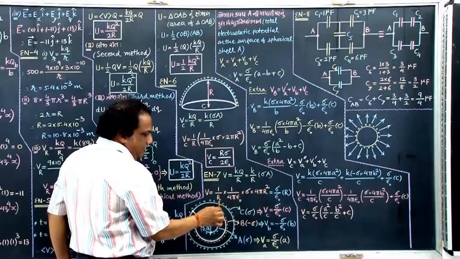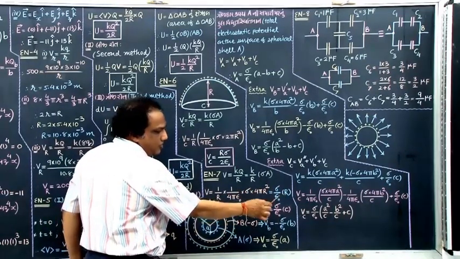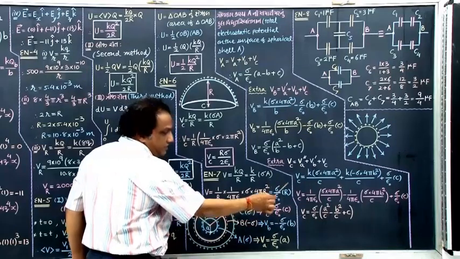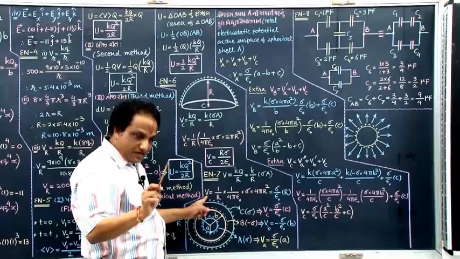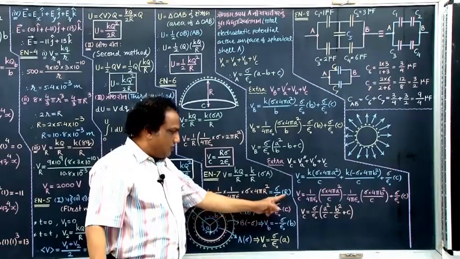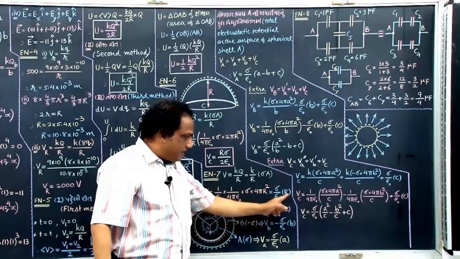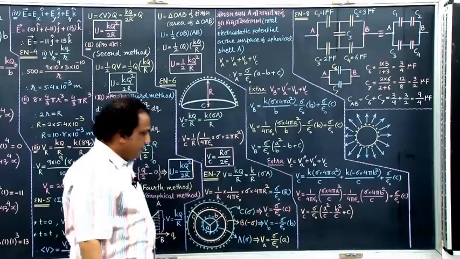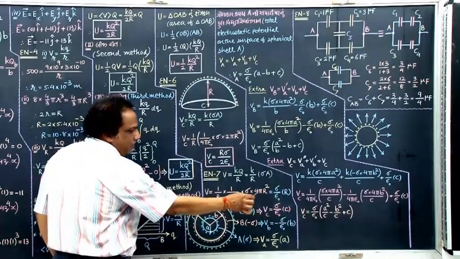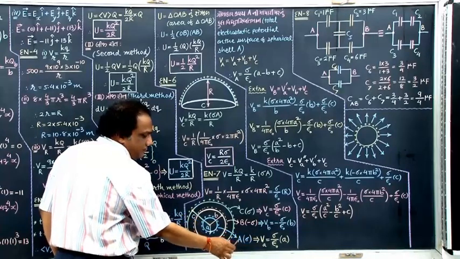R square upon R, so there is 1 R in the numerator, and sigma upon epsilon 0. Better in this case you remember in words, the formula of potential on the surface is sigma upon epsilon 0 into R, that is surface charge density divided by epsilon 0 multiplied by radius of given spherical shell. Correct?